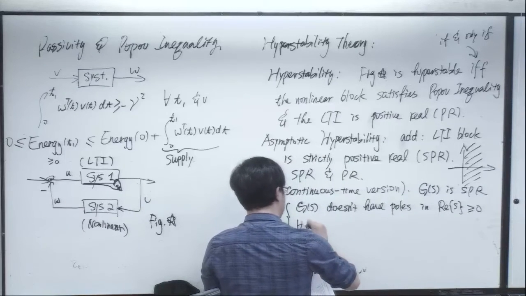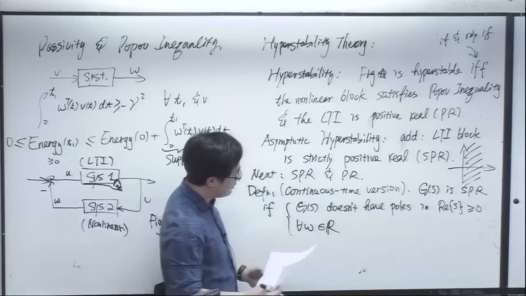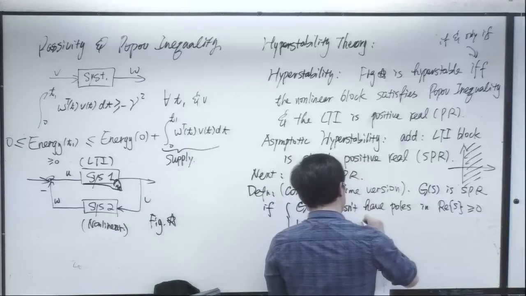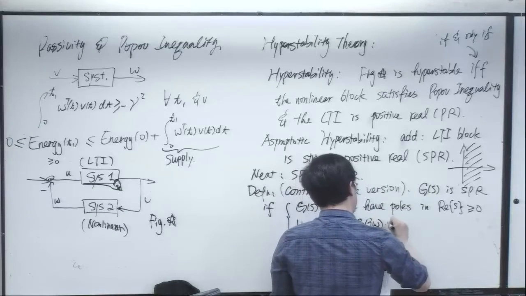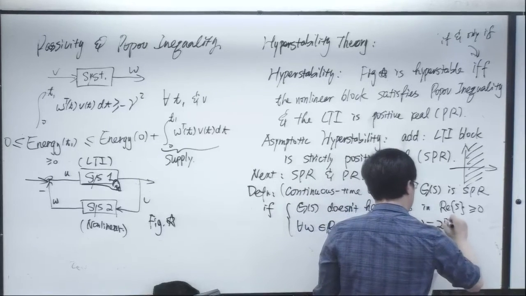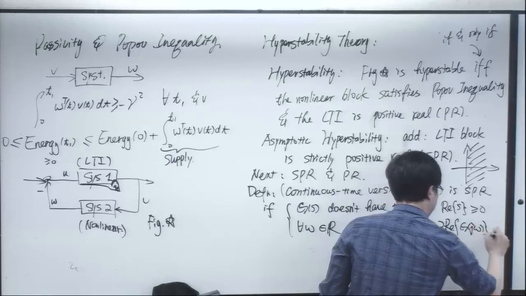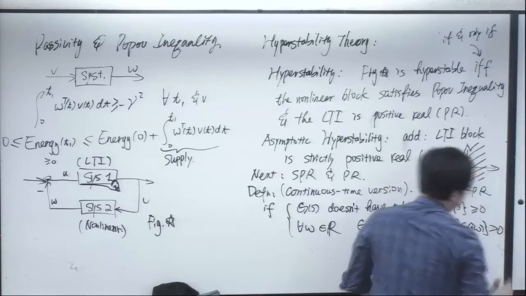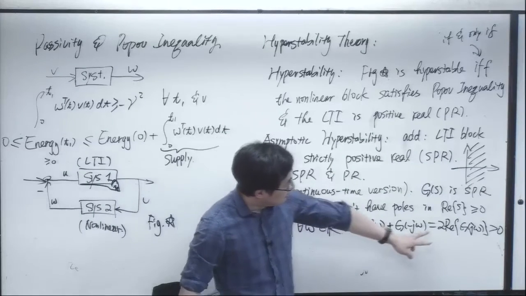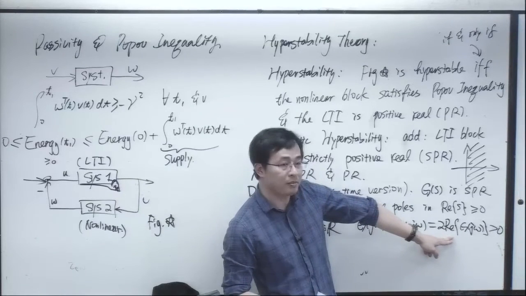And then for any frequency value, if you do the frequency response of the transfer function, you're going to obtain this condition that the real part of the frequency response of this transfer function is always positive.